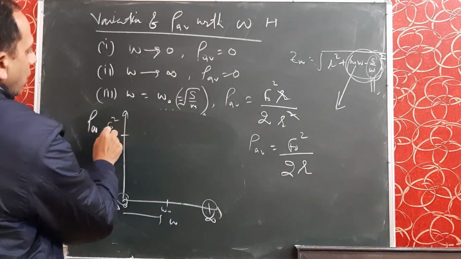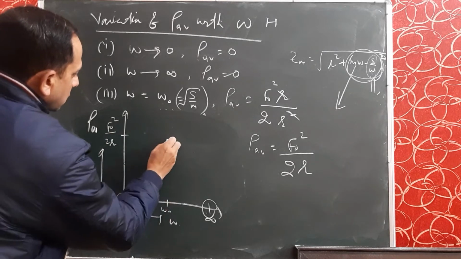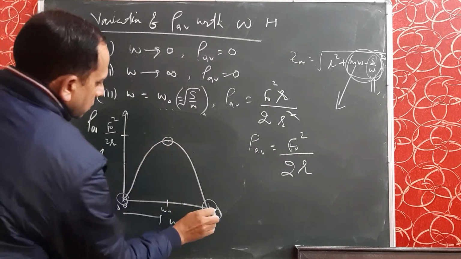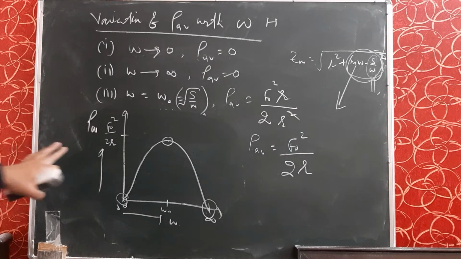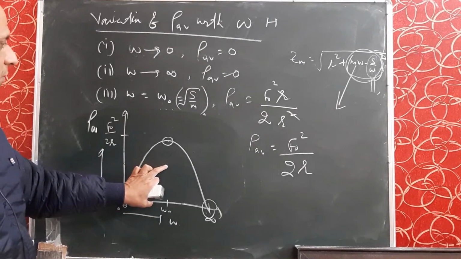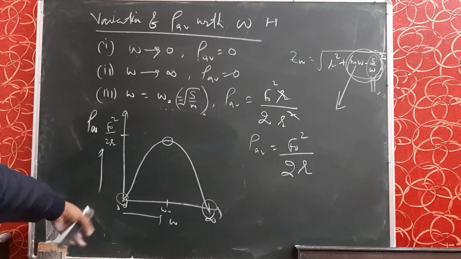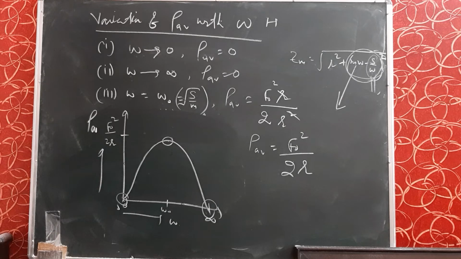Let it be f0 square by 2r, the maximum. So at omega naught this point will come here, and we complete the graph. It is the same as the graph of velocity. You know that in the case of velocity, such a graph is obtained, which starts from 0, ends at 0, and reaches a maximum at the resonance frequency. So this is average power.